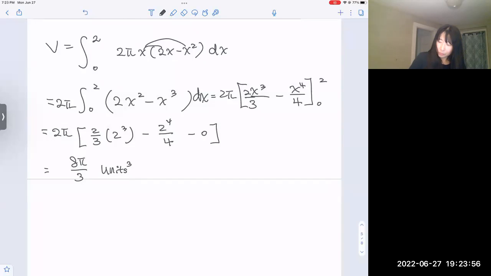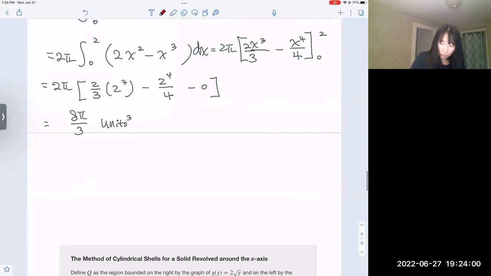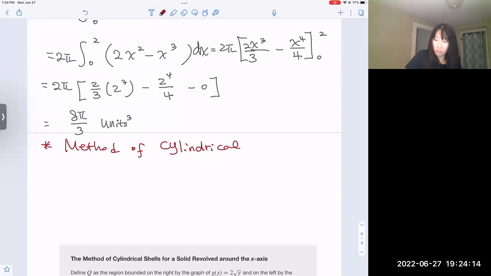The method: cylindrical shell, around the x-axis.